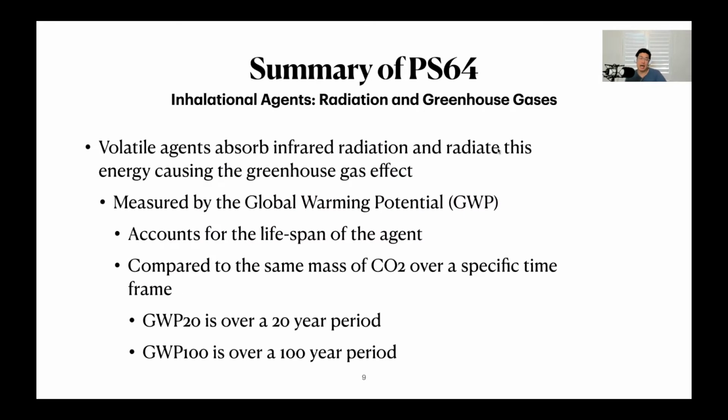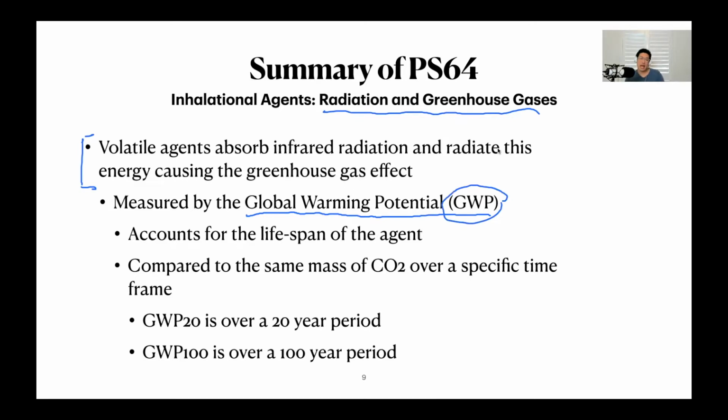Now, volatile agents, they absorb infrared radiation and radiate this energy, causing the greenhouse gas effect. So this would be the statement that I would add under point number 2, which is the radiation and greenhouse gases. And this is measured with what's called the global warming potential, or GWP.